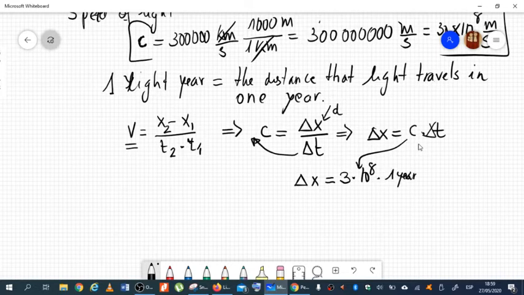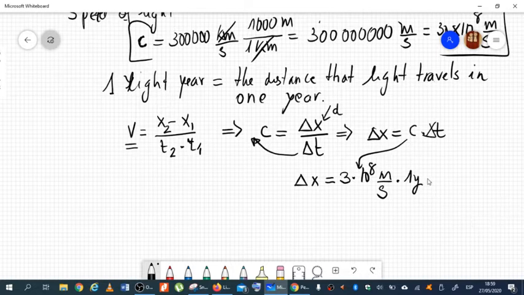This is meters per second, multiplied by 1 year. We write only y, just y.